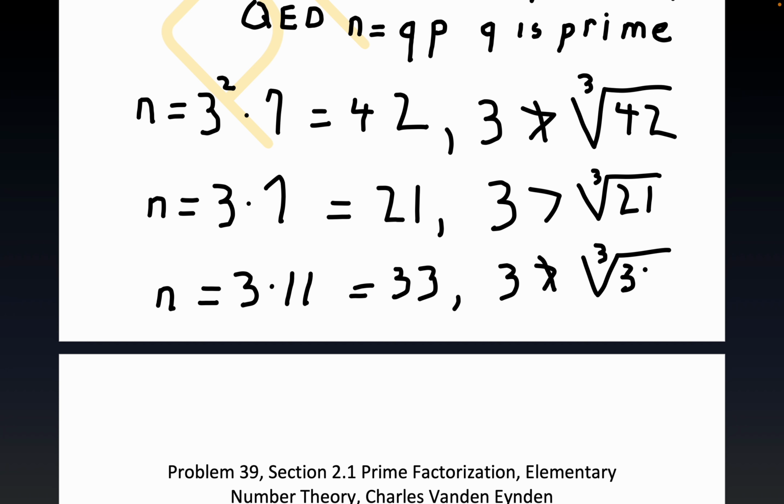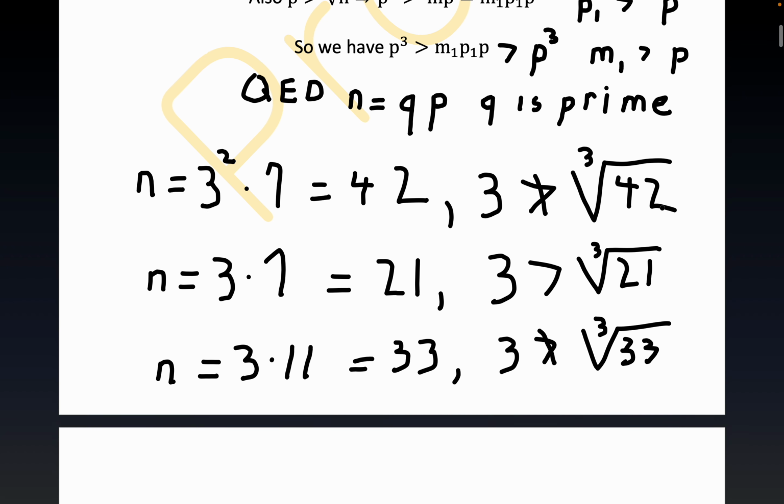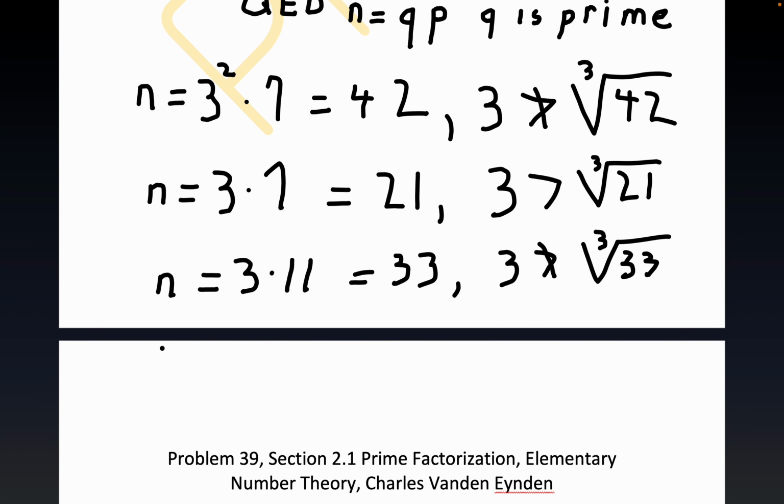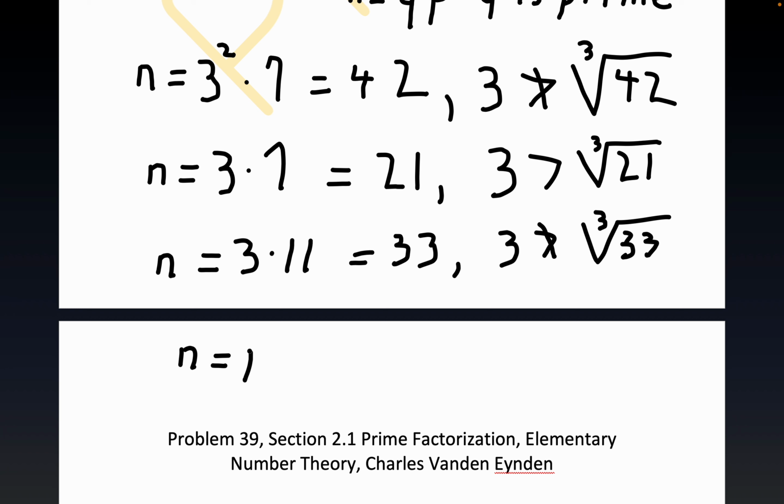Now, just a cool little thing here, it's not necessary that Q and P are distinct. Let's just look at a general statement. If we have N equal to P squared, or it's PQ, just take P equals Q if you want to. So if N is equal to P squared, what does that imply?